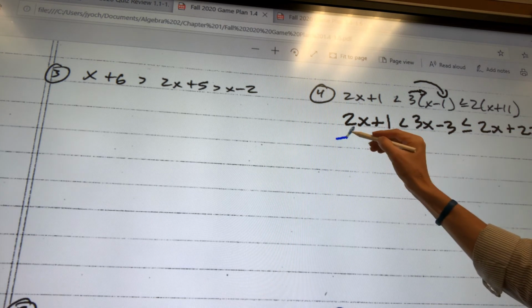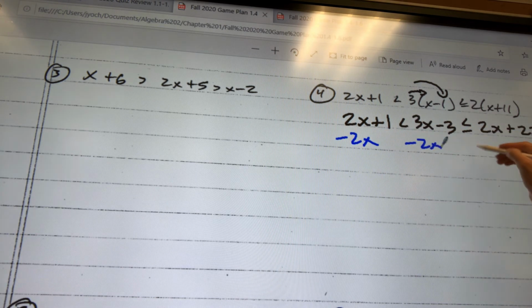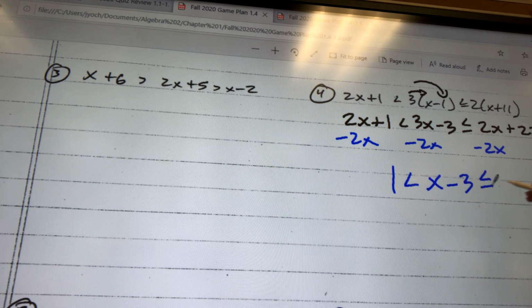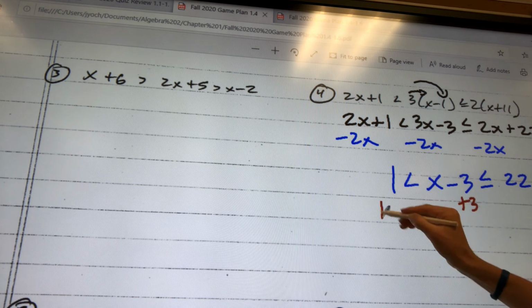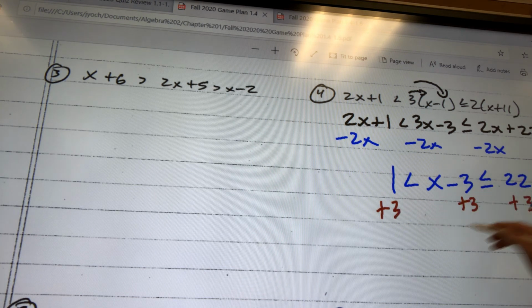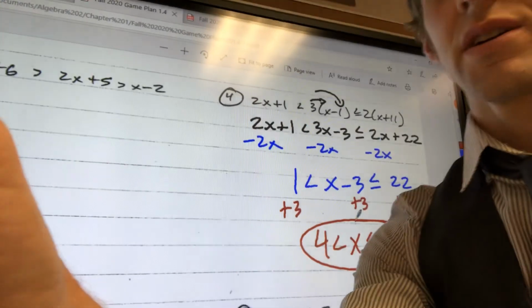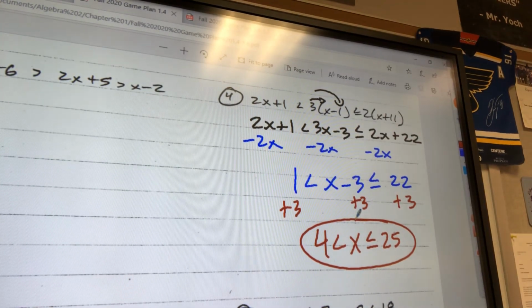Everything has at least 2 x's, so I'm going to subtract 2 x's everywhere. 1 less than x minus 3 less than or equal to 22. Then I'm going to add 3 to all regions. 4 less than x, which is less than or equal to 25. Again, if you need to pause that, go ahead and pause, because that is very quick, and you also probably didn't see that work.